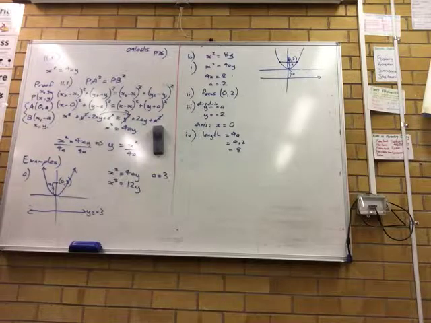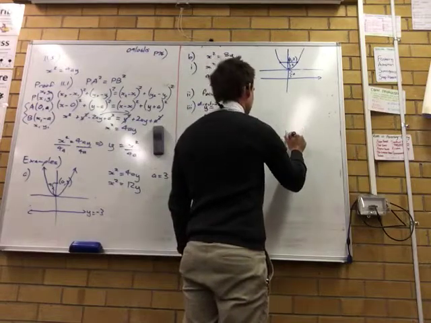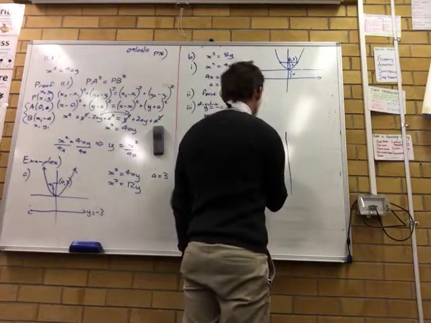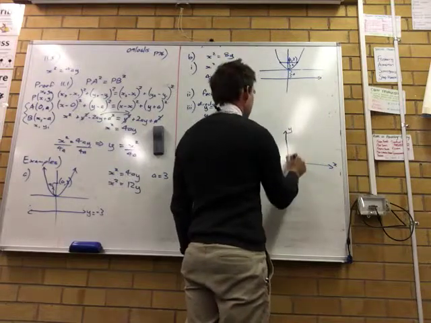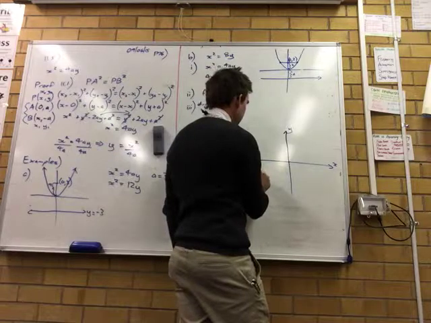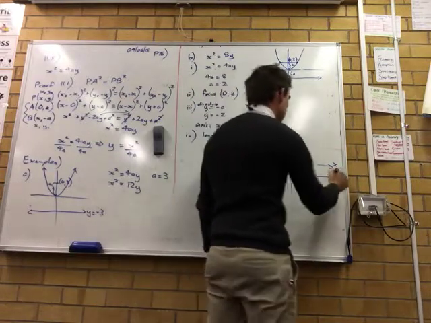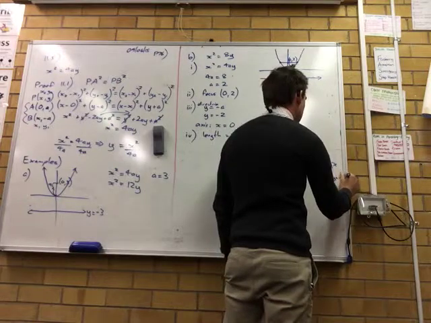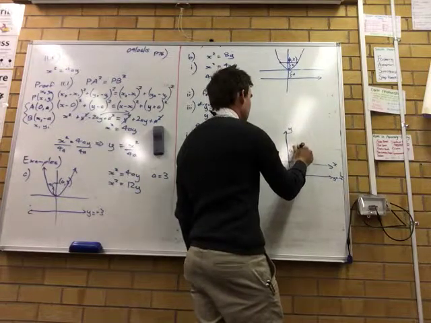I don't have a ruler, so mine's not going to be ruled up, but use your rulers please. X, Y, we know the point 0, 0, the vertex. We have the equation of the directrix, y equals negative 2. We have the coordinates of the focus, 0, 2.